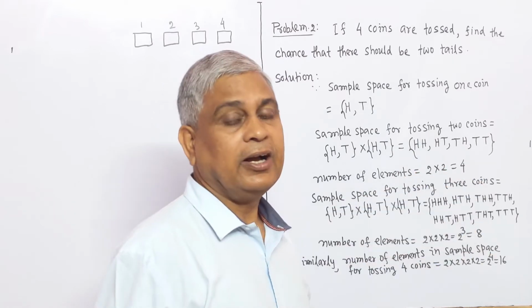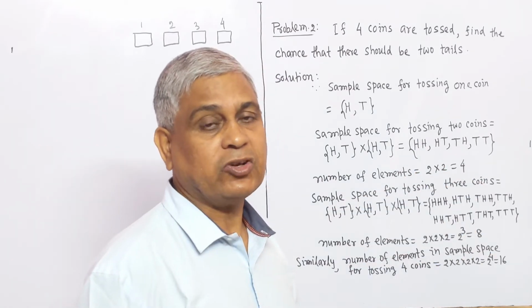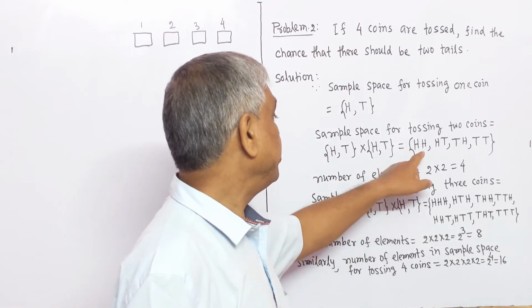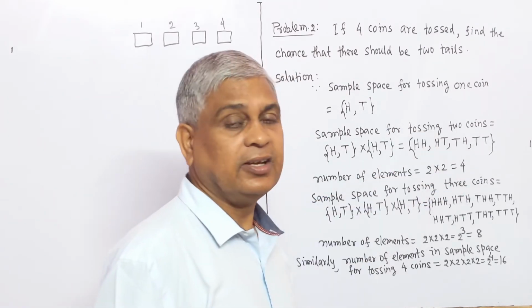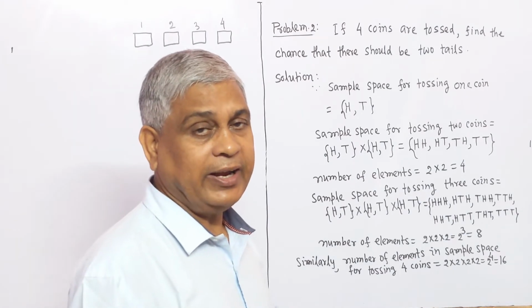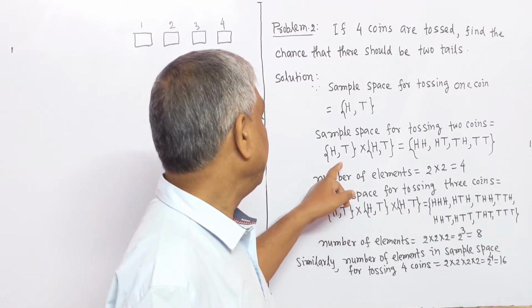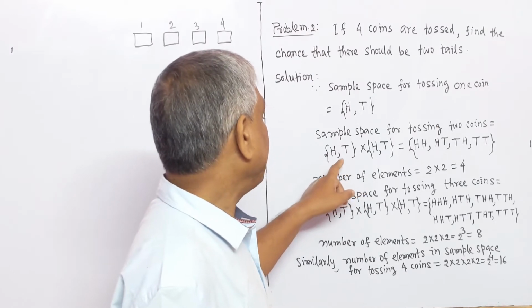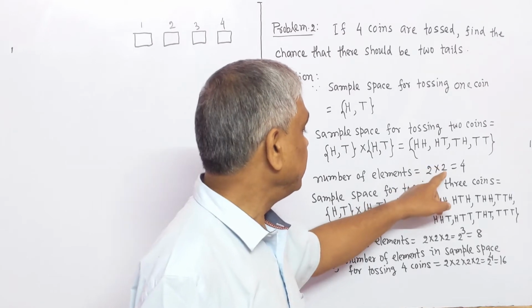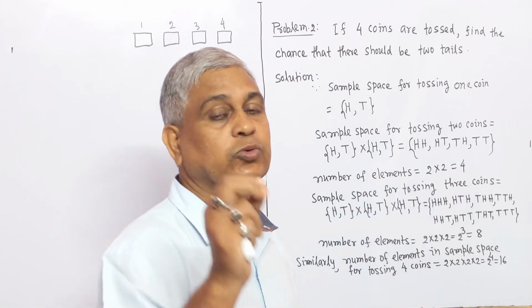These are the outcomes or elements of the sample space. Here we get 4 elements. We may also find this number by taking number of elements in a sample space, 2 multiply 2 equal to 4, means 2 square equal to 4.